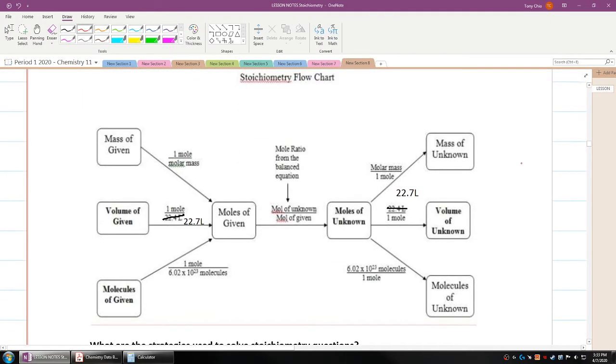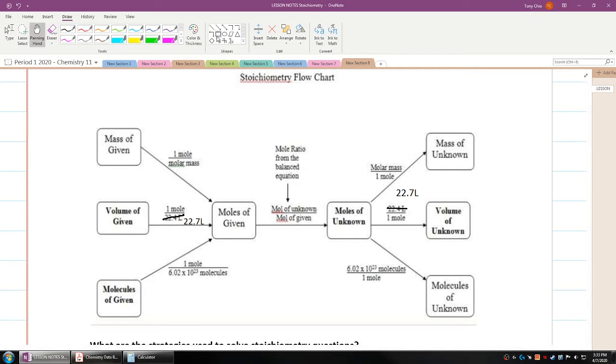So as you see, if we have, for example, some mass given, we can use molar mass to get to moles, cross our mole ratio to get to the other chemical, and then solve for any of the three variables we have. Same with volume, and same with molecules given.